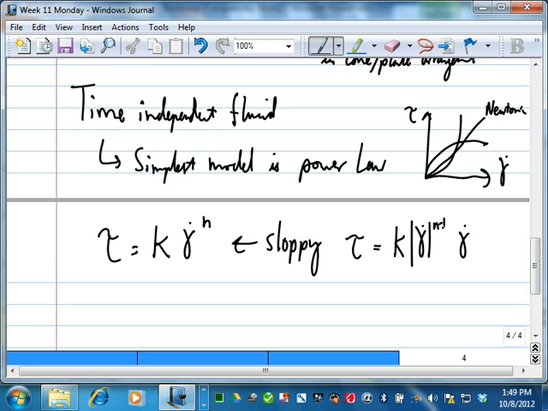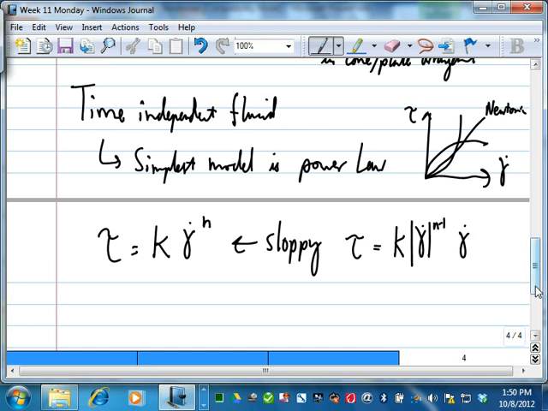You are shearing one way, and the strain rate could possibly go the other way. So by right, this part is for the magnitude and this part is for the direction, so that the shear stress and the strain rate are in the same direction. This is the official way of writing it, but normally we just keep this in mind and write it the simple way. Otherwise, if you shear this way, the fluid would go the other way, which is possible if n equals 2, so we take that out of the equation.